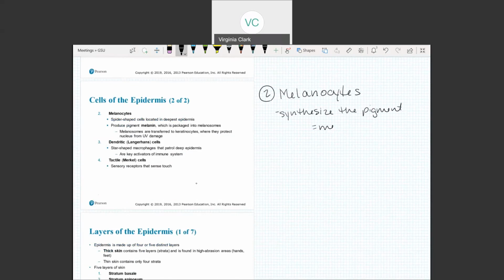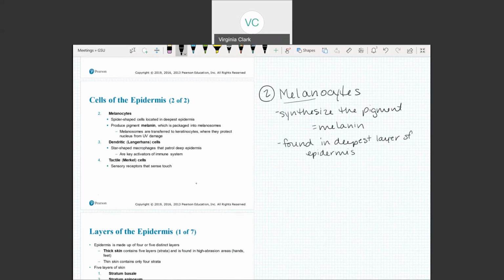So remember, cyte means cell, so they are producing melanin. These are going to be found in the deepest layer of the epidermis, I apologize, the deepest layer of the epidermis. So these are really important, but they're not going to be on the most surface level.